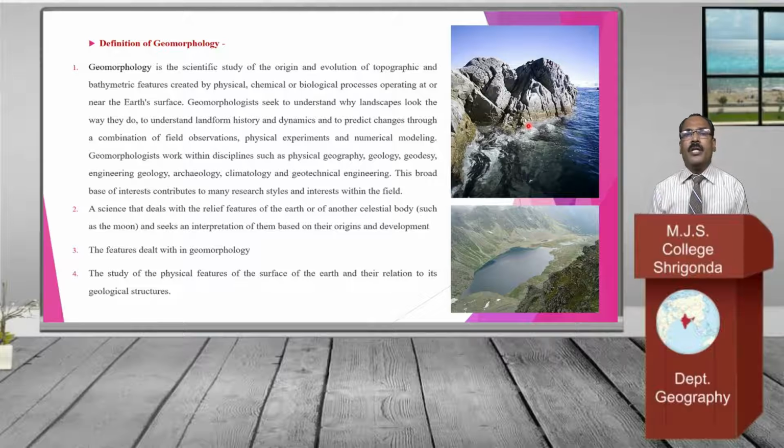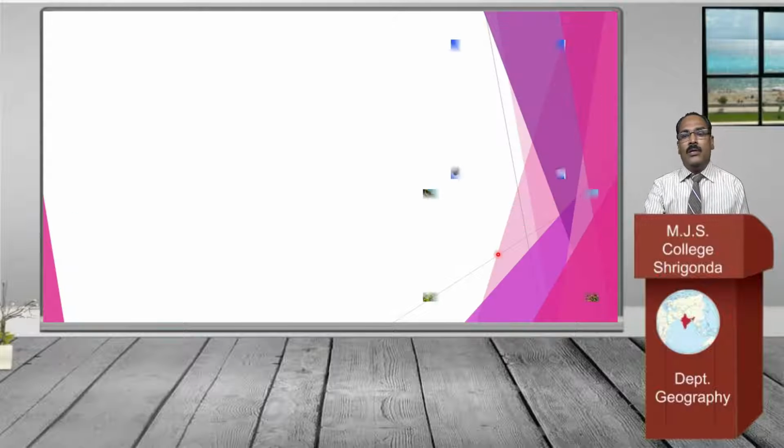Another definition, the features dealt with by geomorphology. And lastly, the definition of geomorphology: the study of physical features of the surface of the earth and their relations to its geological structures.